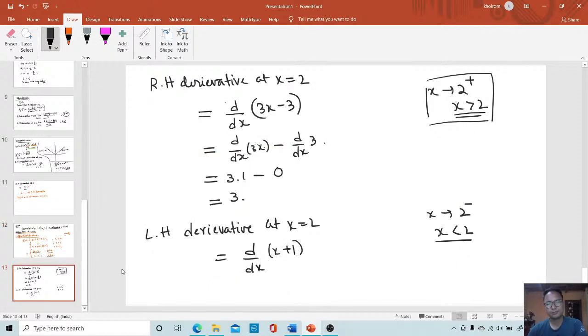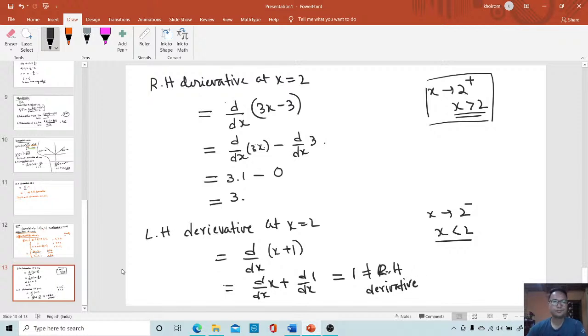Its derivative is d by dx of x plus 1, where dx by dx is 1, and the derivative of 1 comes 0. Now, the left hand derivative is not equal to the right hand derivative.